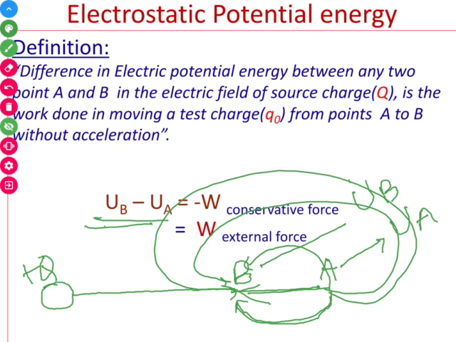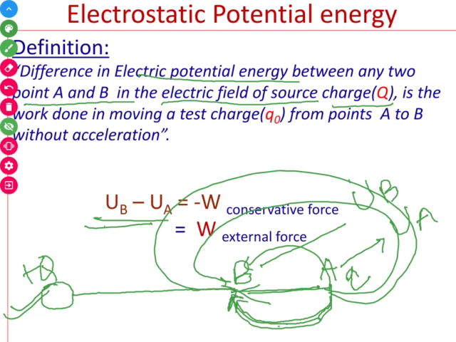So again I repeat the definition: difference in electric potential energy between any two points A and B in the electric field of source charge Q, that is the source charge which produces the electric field, is the work done in moving a test charge from point A to point B. Suppose at point A the charge Q is placed, and if I want to move it from A to B, then I have to do some work against the electrostatic force which is acting in this direction if the charge Q is also positive.